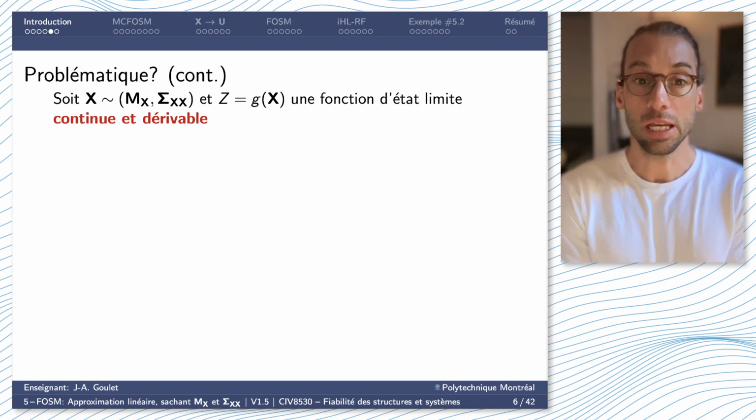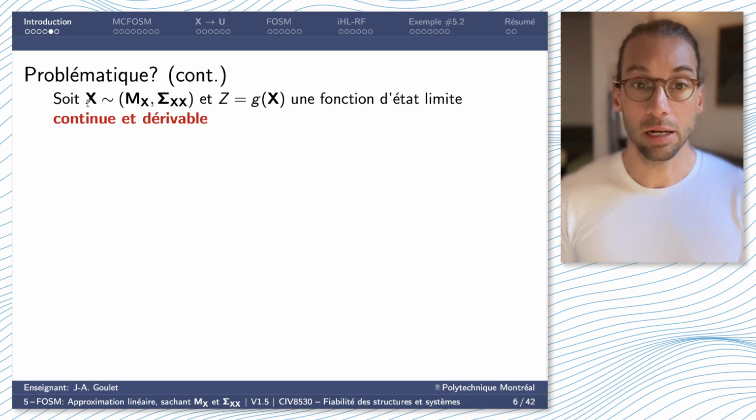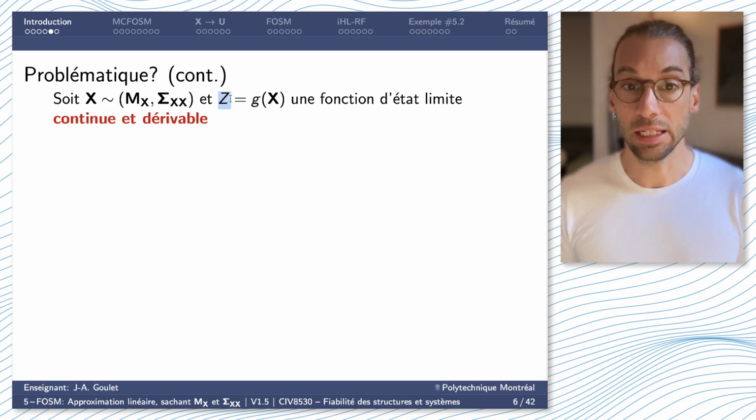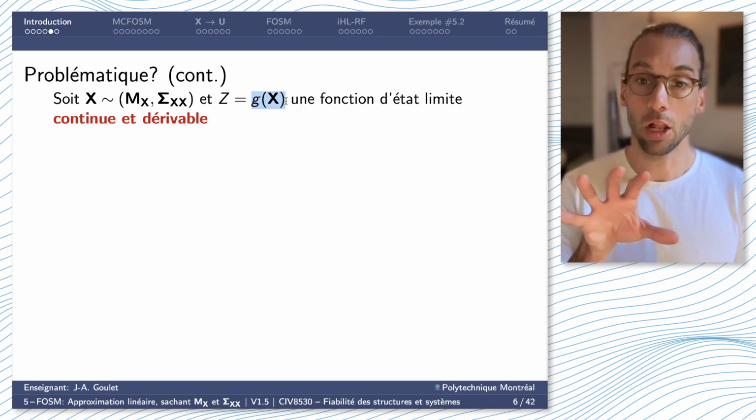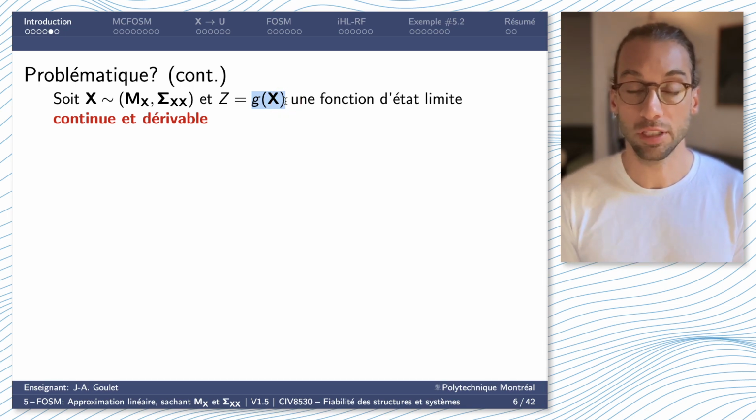So knowing that X here is modeled by its mean vector and covariance matrix, we assume that Z is our limit state function. Remember when we looked at the first concept of safety margin in Module 2, we said that Z equals R minus S, the resistance minus the solicitation.